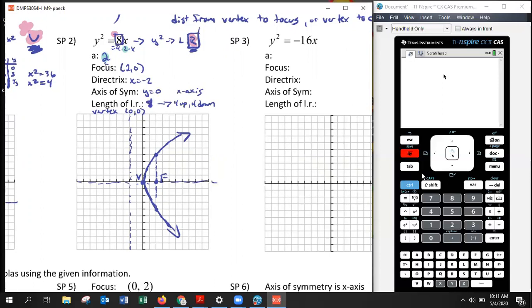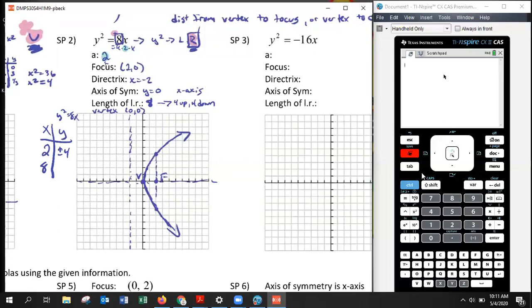For instance, if x equals 8, let's go ahead and do the t-chart. What I did was I used my latus rectum points, meaning if the x value is 2, we have y squared is 8x, so y squared is 16, so y is plus or minus 4, as you can see right there. If x is 8, then y squared will equal 64.